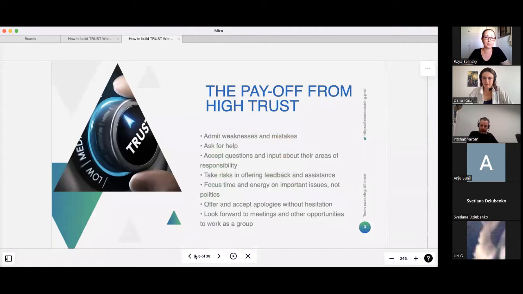What happens when we have trust and when people know how to share their weaknesses and their mistakes, and then the manager or the boss or the co-worker, or sometimes a buddy for some period of time, supports you?